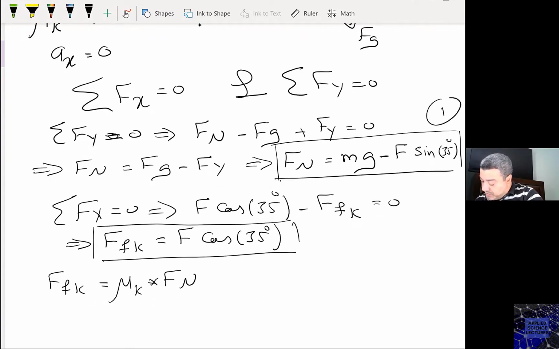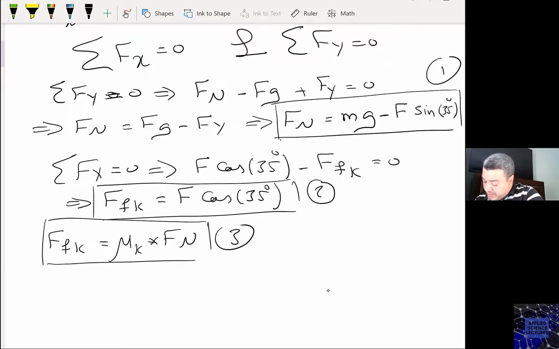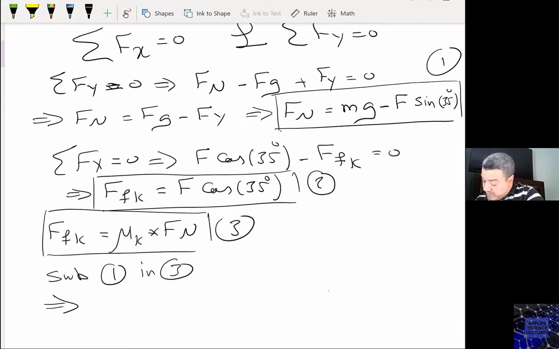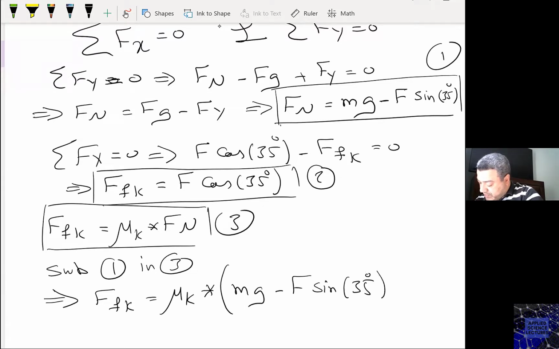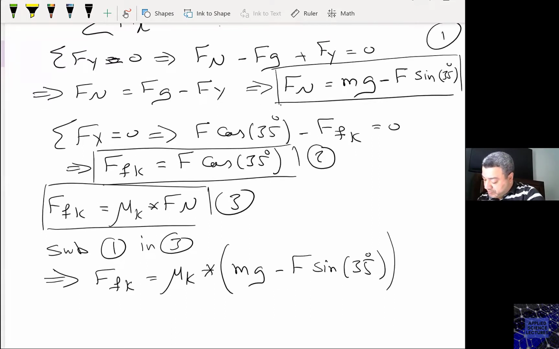So if I put this one and this one too, and this one is 3, then substituting 1 and 3 gives me Ffk equals mu k times mg minus F sine 35 degrees, right?